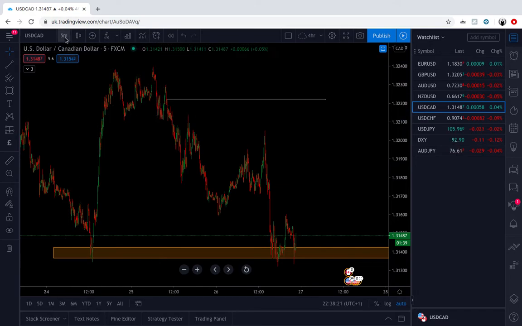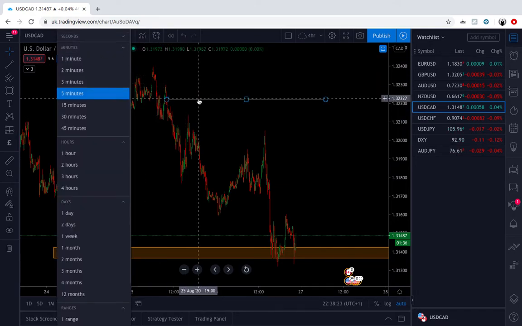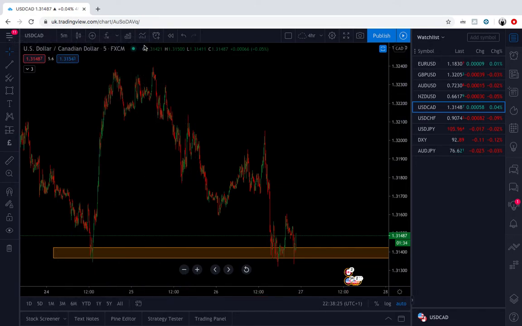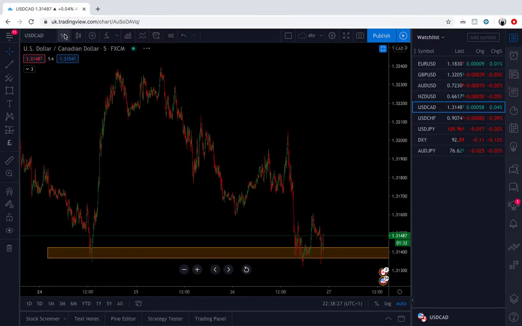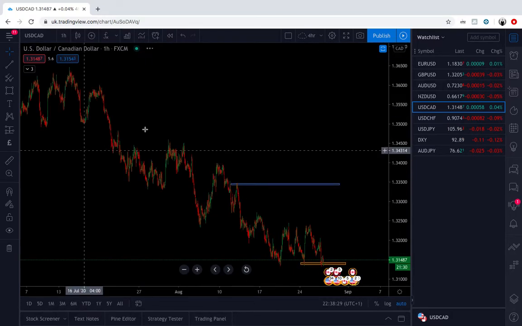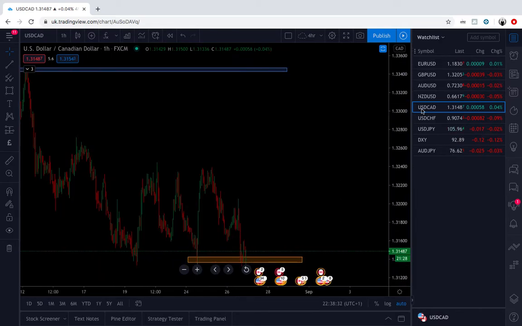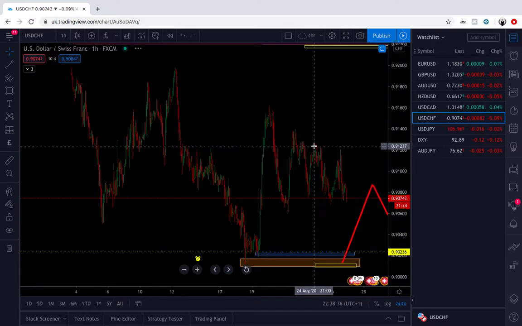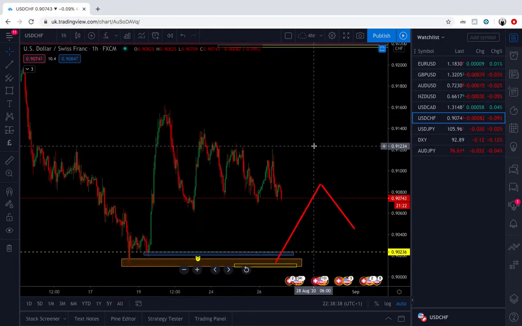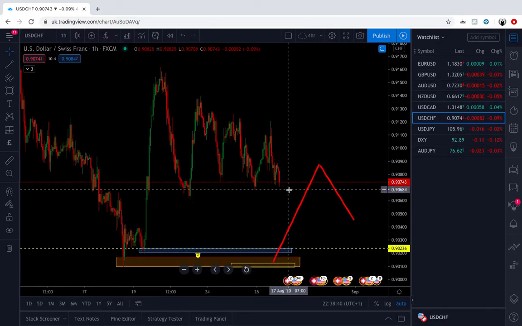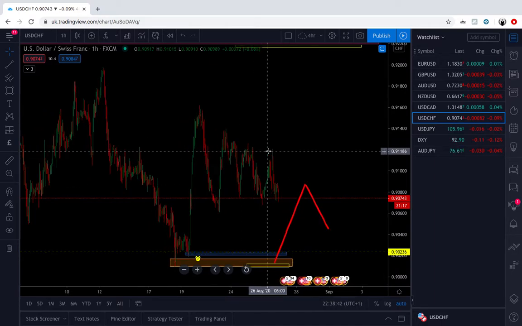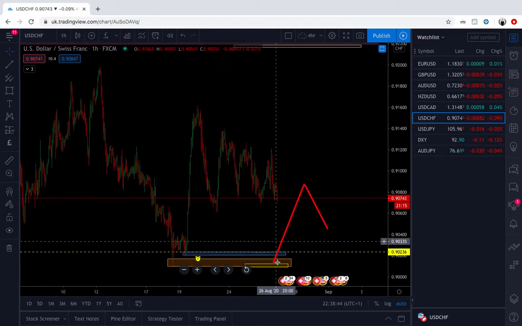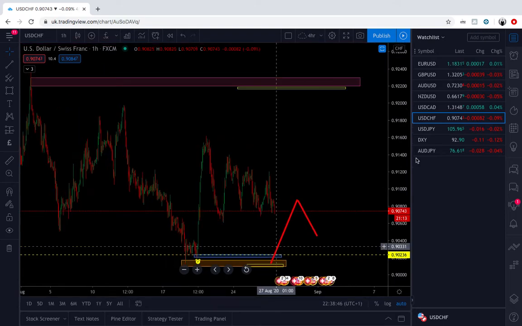So that's USD CAD, and I don't really need this zone now. That's USD CAD, USD CHF. Again, I still have the same zones marked as yesterday. I would say the same thing about this as yesterday, hoping for something around here maybe.